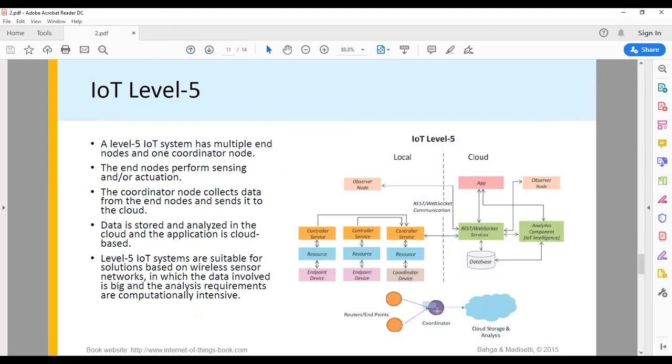The coordinator coordinates between the cloud data storage and the multiple nodes. There is again an observer node, the same logical structure as level 4, only the additional part is this coordinator node. The coordinator node is added, and it is computationally intensive.